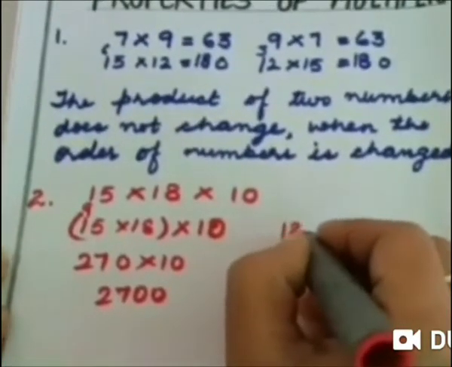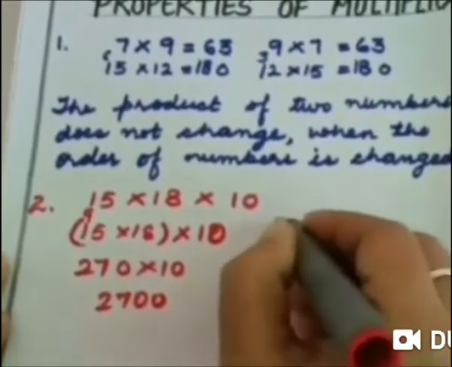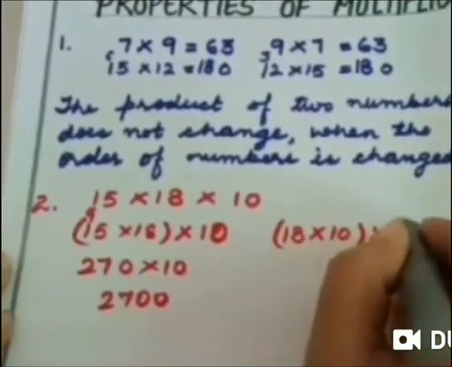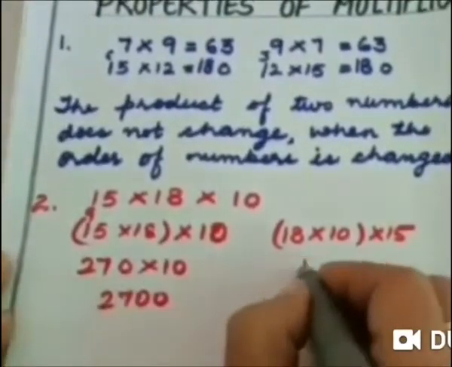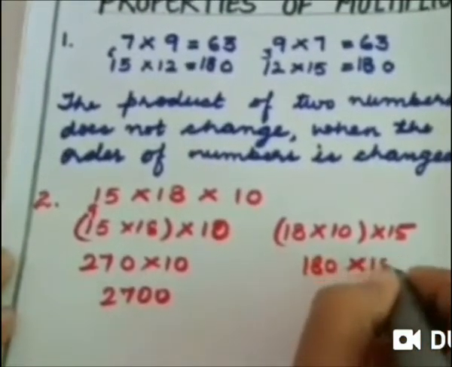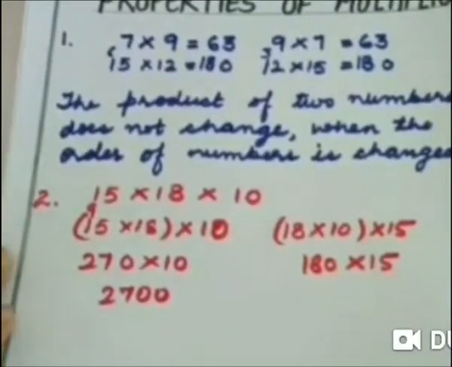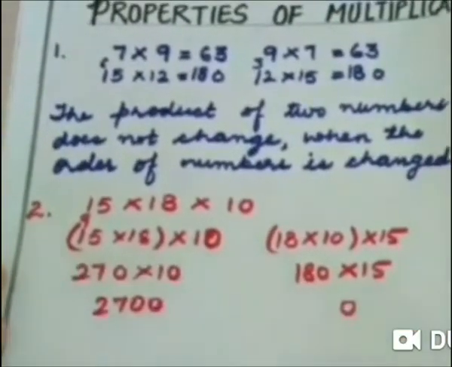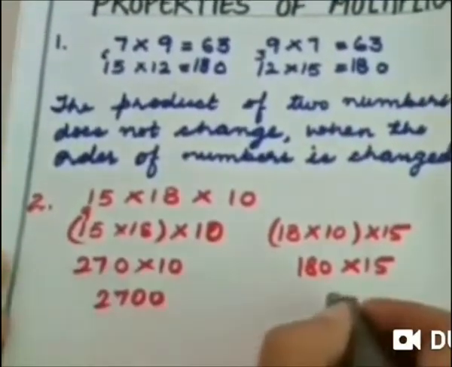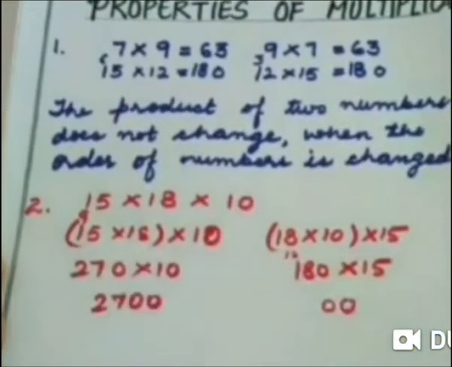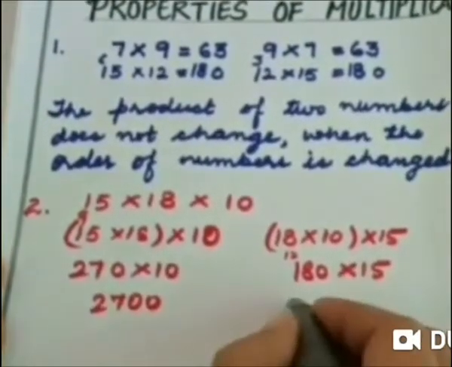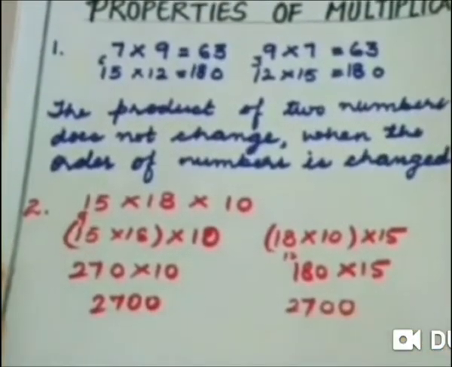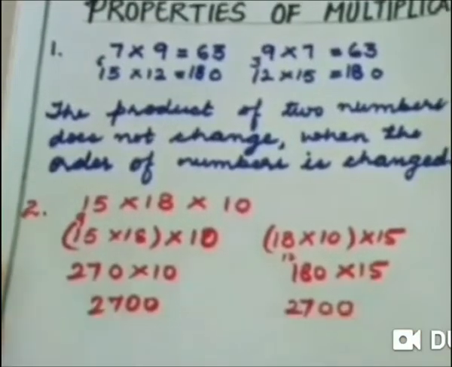Now again I have to multiply the same 3 numbers. This time I am changing the groups. First let me multiply 18 by 10 and the product to be multiplied by 15. 18 tens are 180. 180 multiplied by 15. 15 zeros are 0. 15 8s are 120. 0 here, 12 carry. 15 1s are 15. 15 plus 12 is 27. This becomes again 2700.